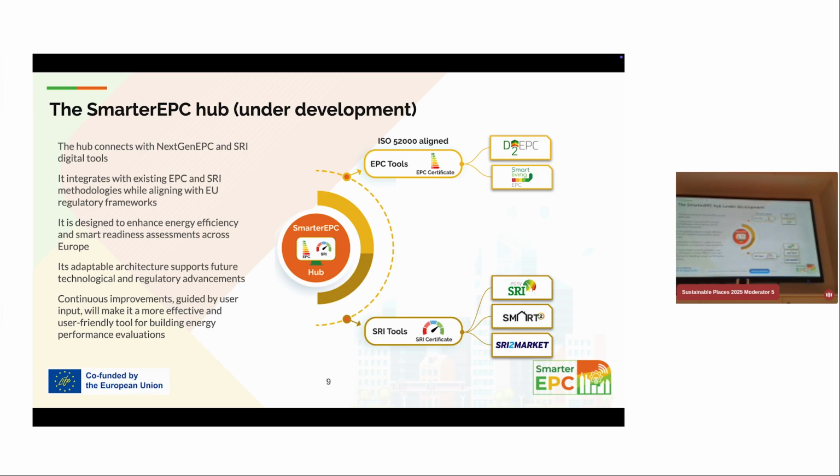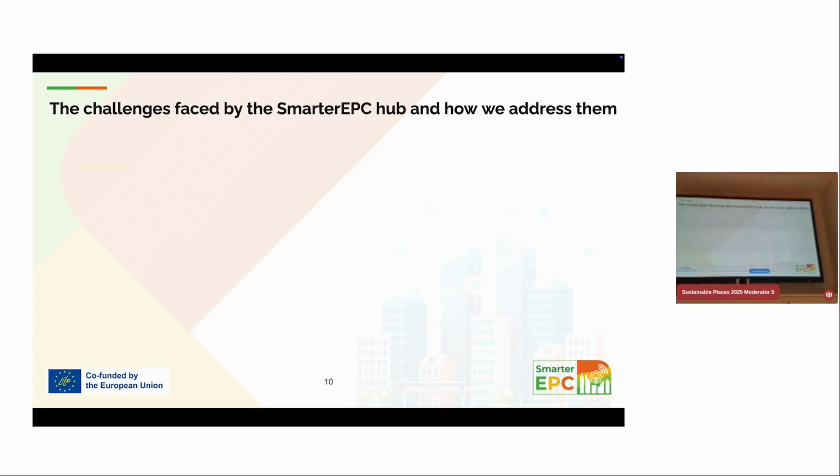So at the moment, as I said, it's still under development. Some challenges that we are facing. Of course, when we connect to existing tools, like those that I have presented, there is the registration aspect and sharing of user accounts. Since we want the user to connect on the Smarter EPC Hub, the user should not necessarily be aware of which SRI or EPC tool is going to be used in order to calculate the energy performance and the smart readiness.